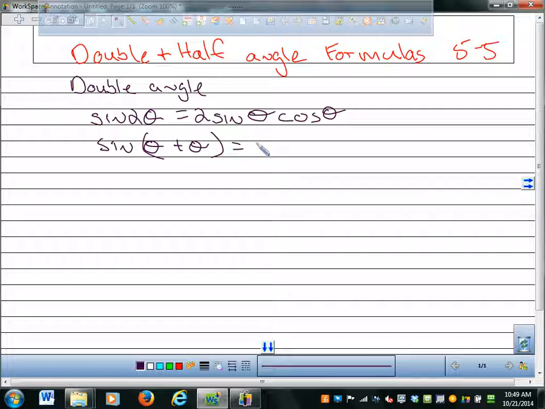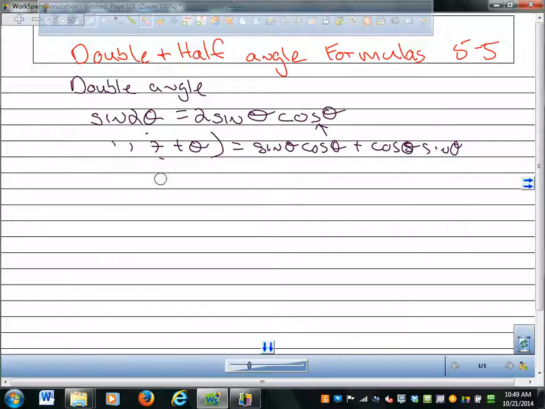You could use the angle addition formula to get sine theta cosine theta plus cosine theta sine theta, which is 2 sine theta cosine theta, right? That's where that formula comes from. It's from using the addition formula, because if I add these two things together, that's what I get, okay? But you don't have to derive it at this point, okay?